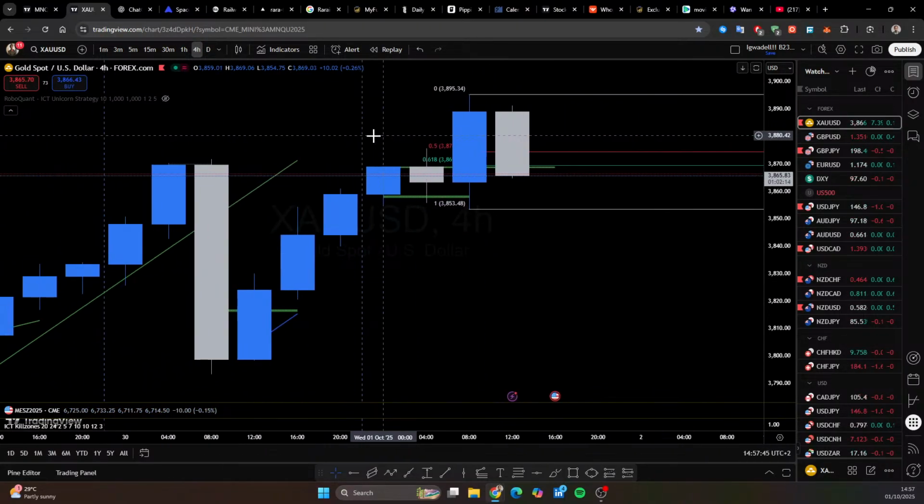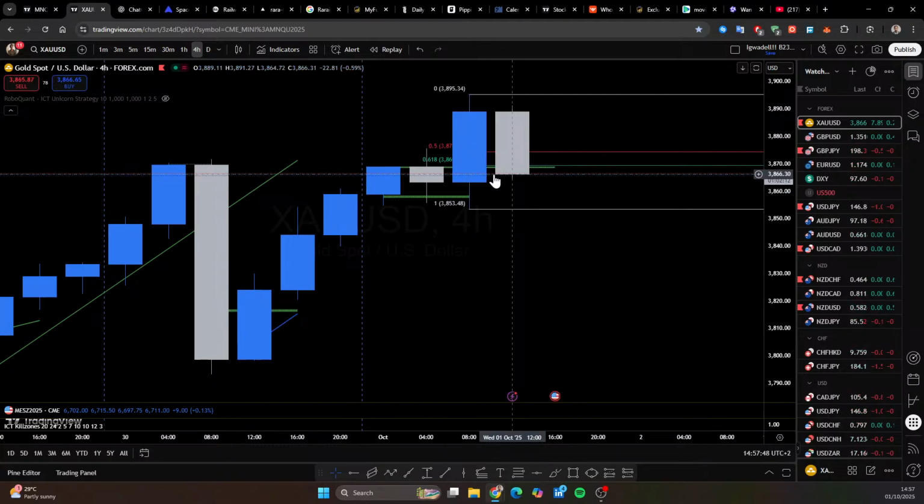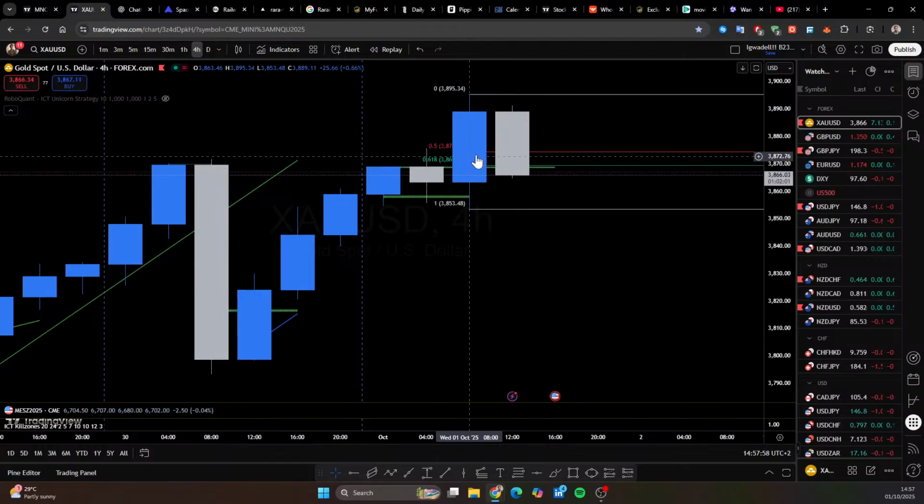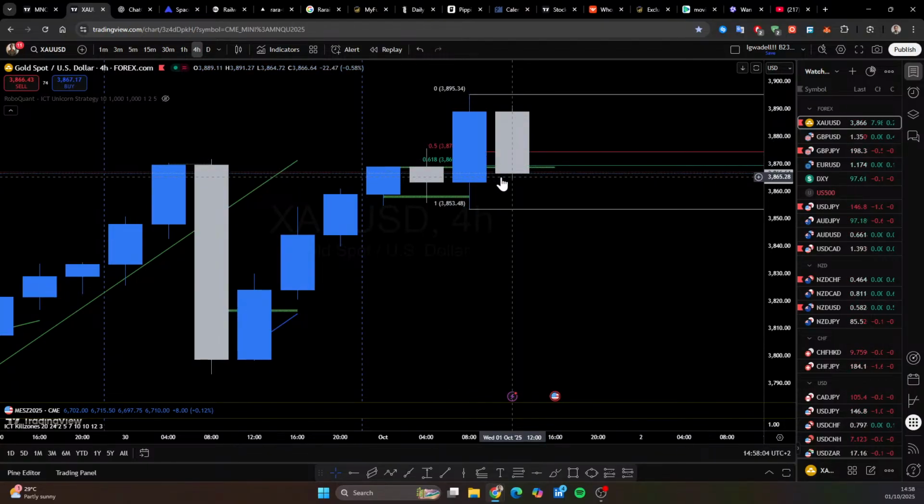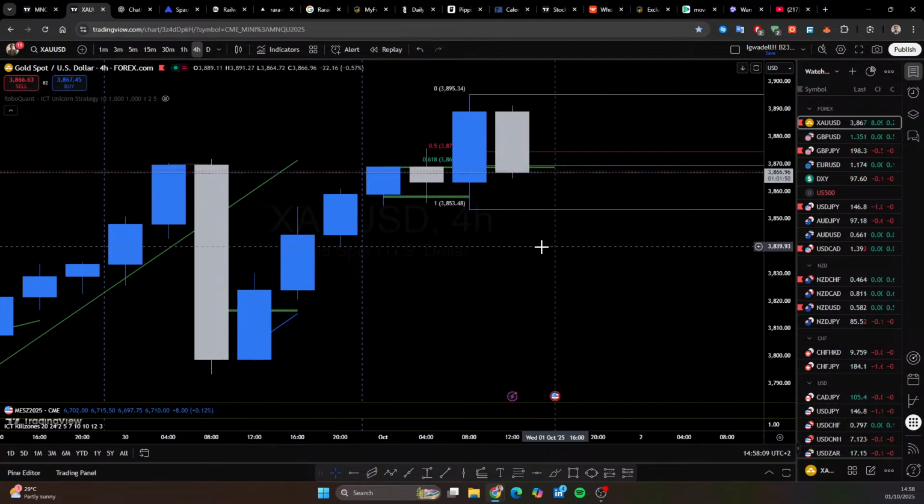As we can see, we're already down here at the low of this candle right here. If they will be the one to retrace, they will be retracing from here. Set the EA. Okay. Just wait for something.